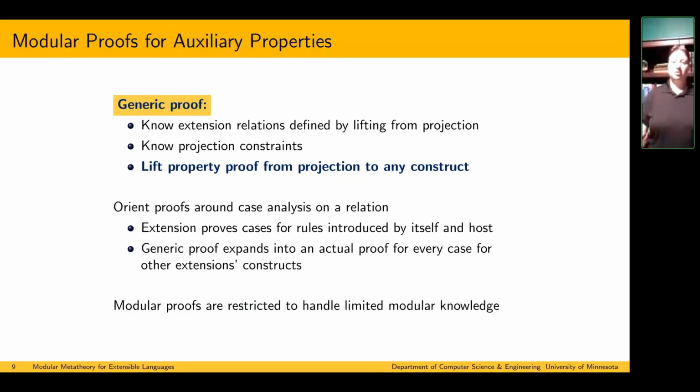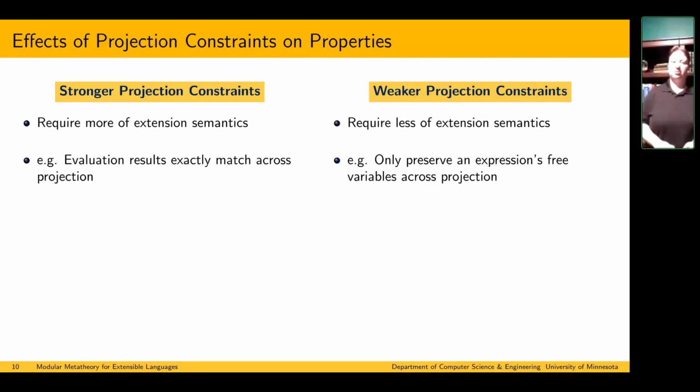They're much like proving a metatheoretic property without modularity. So the difficulties, when there are difficulties, come in the generic proof, and these arise from the effects that the projection constraints the host language chooses have on what we can prove in extensions. So consider choices between, say, stronger and weaker projection constraints that restrict the semantics extensions can introduce more or less.